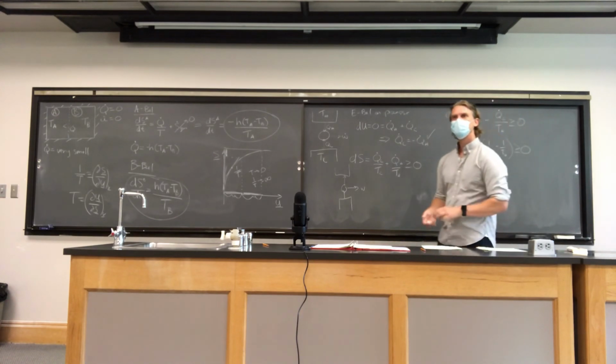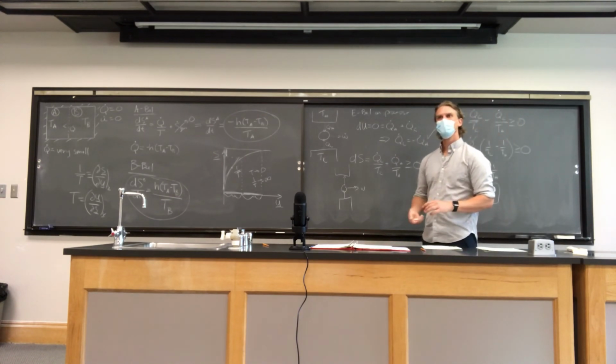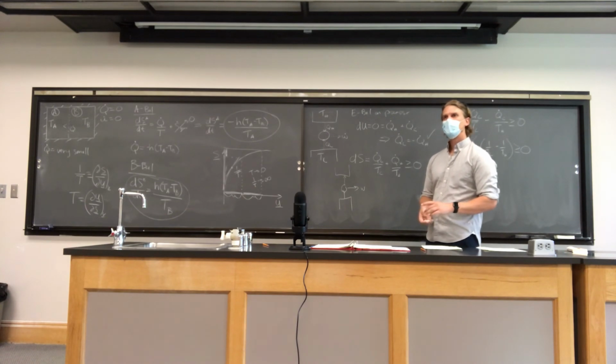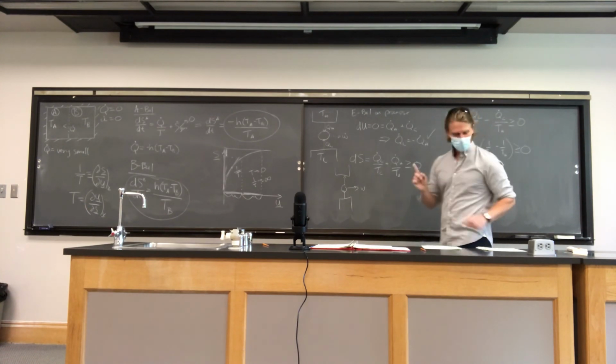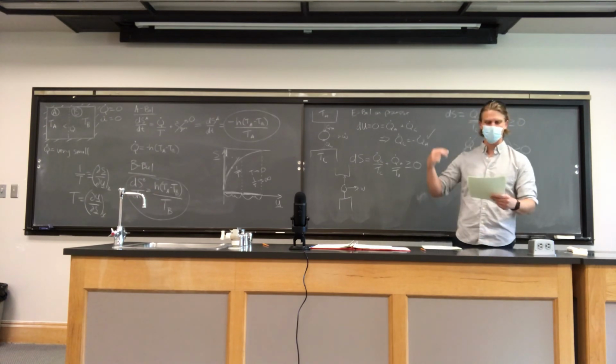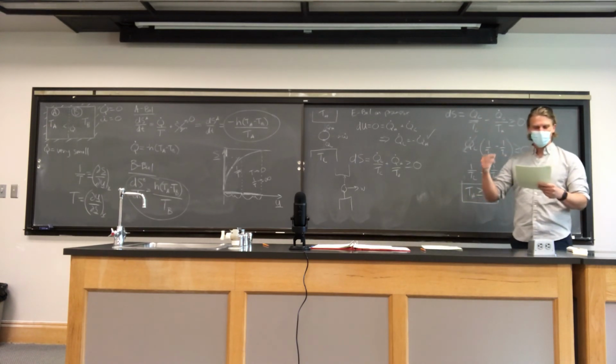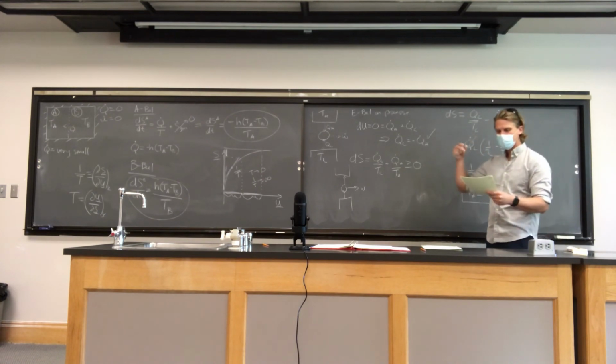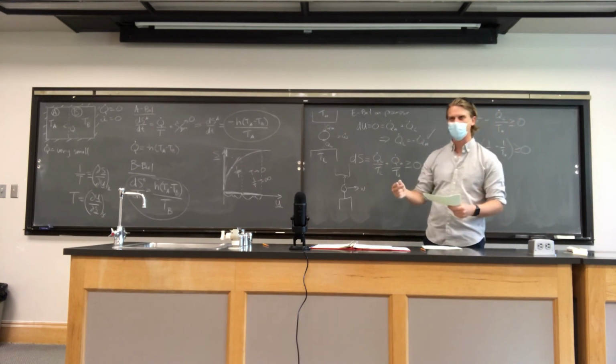Yes? So you're proving Clausius right by showing that TH is greater than TC? I'm a little confused how... Sure, yes. So the Clausius statement was that no process is possible the sole result of which is that heat is transferred from a cold body to a hot one.